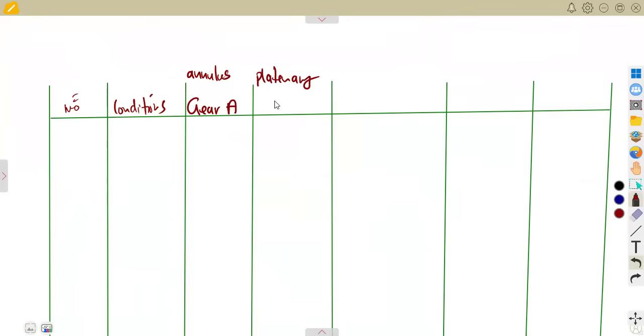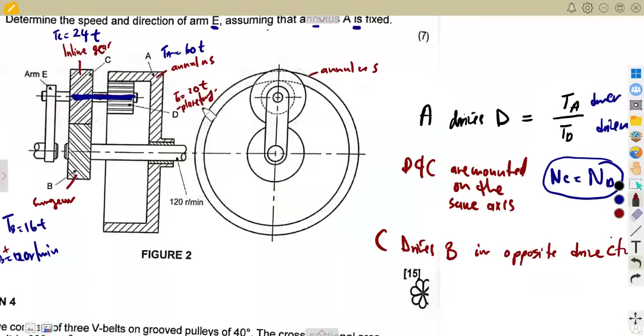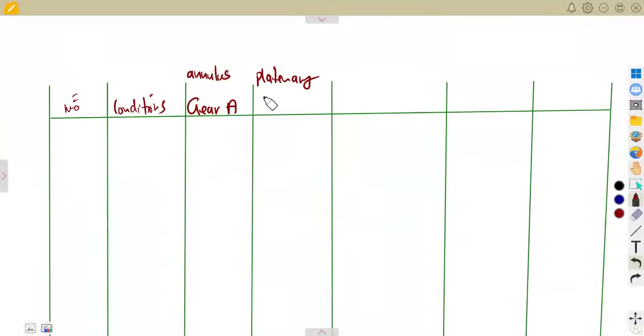And our planetary is gear D, according to this information. So you're going to have gear D in this case. From the planetary, we said gear D and gear C are inline. So you're going to include the inline gear, which is gear C.